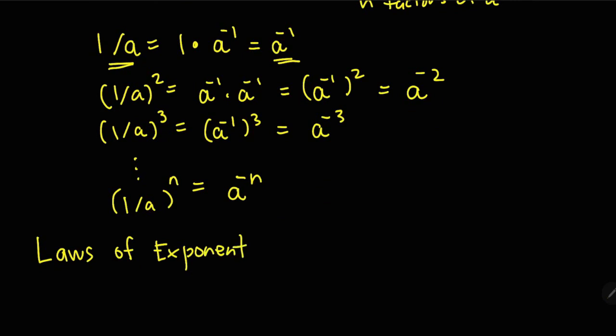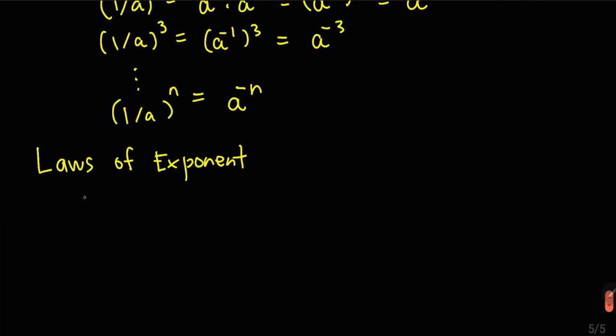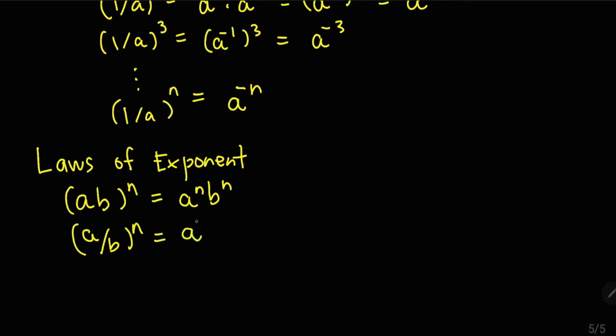We have the following laws of exponent. If we have a times b, and then you raise it to n, then that's the same as a to the n times b to the n. If you have a over b, and then you raise it to n, then that's the same as a to the n over b to the n. If you have a to the m times a to the n, then that's simply a to the m plus n.